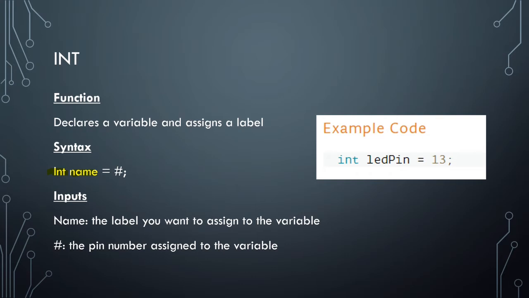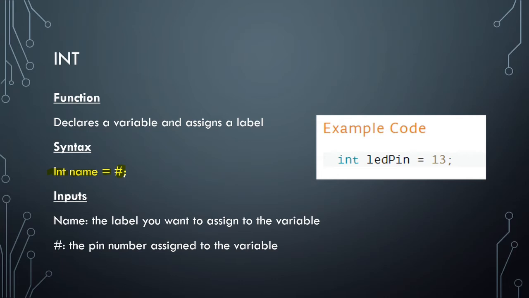When I say label, that label can be anything that you want, as long as it doesn't look like another command. Then we have the equals, we need this, and then we have a number and a semicolon following. This number can be an integer, but typically this is a pin number.